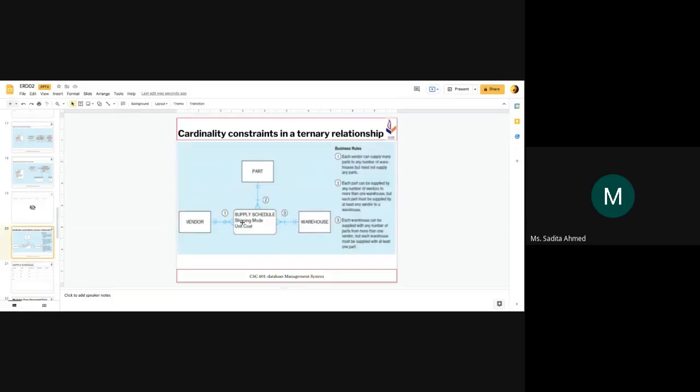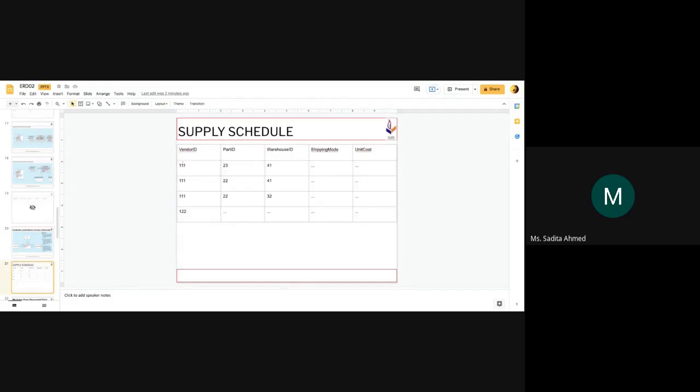Mandatory one to optional many. Such a vendor could exist who is not there in the supply schedule table at all. There could be a vendor who is not in the supply schedule at all. Say vendor ID 346 is not in the supply schedule table, such a vendor can exist, that's fine.